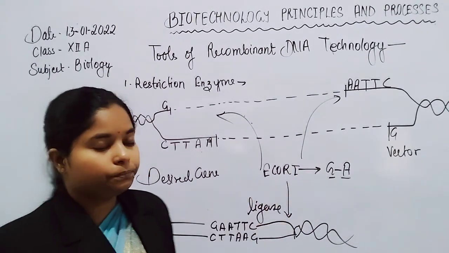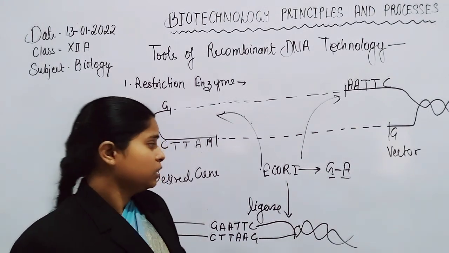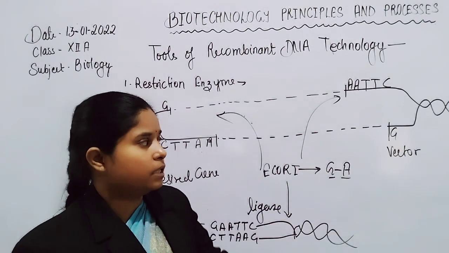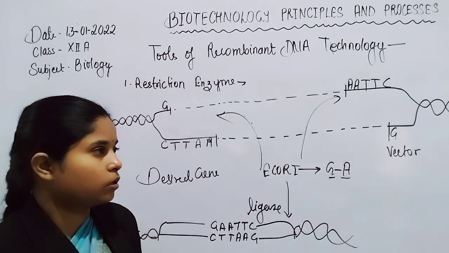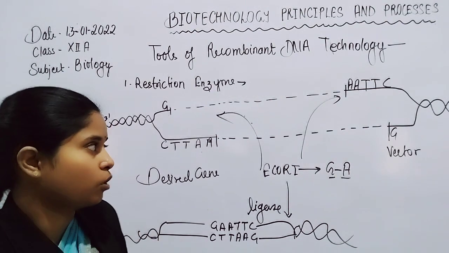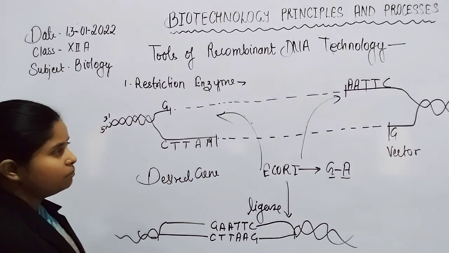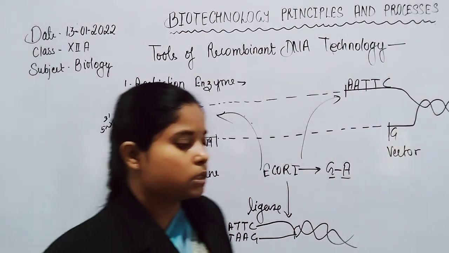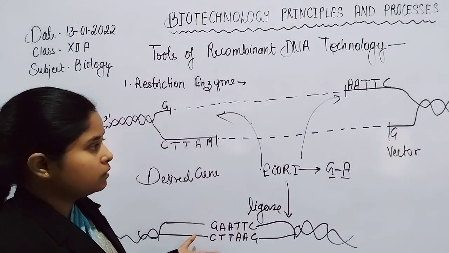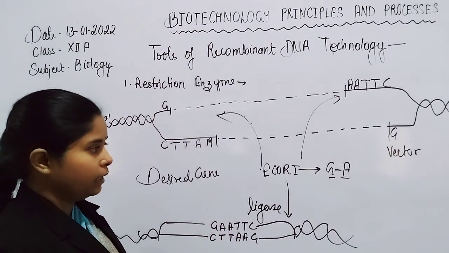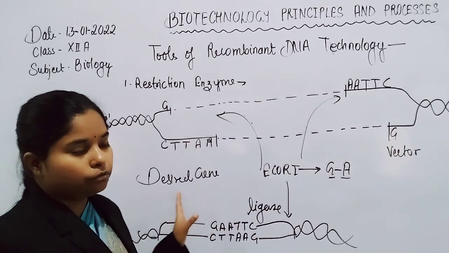Now EcoRI also recognizes a 6 base pair specific sequence. That recognition sequence is known as a palindromic sequence. The meaning of palindromic sequence is that if we read it from right to left, the similar sequence is followed as when we read from left to right.